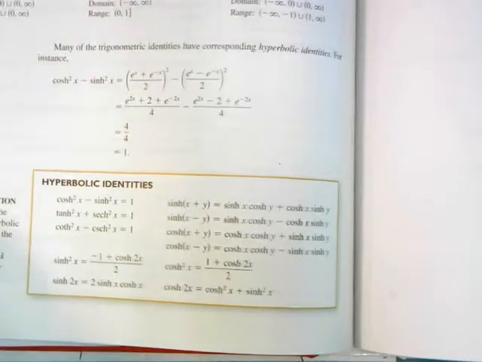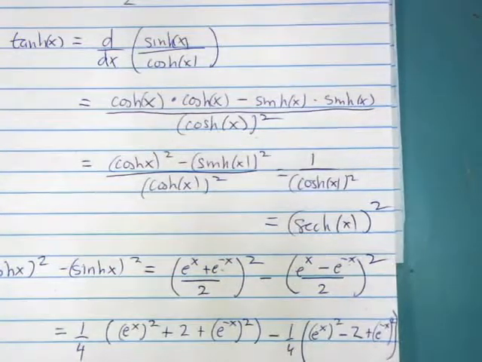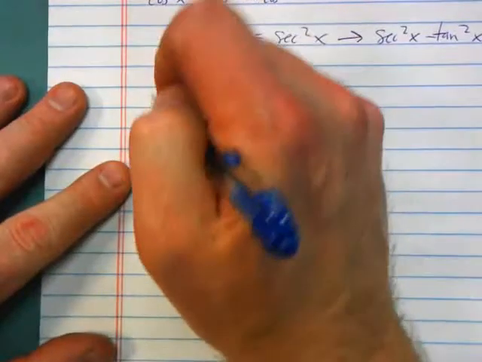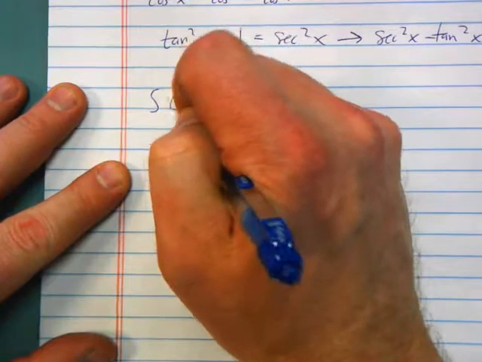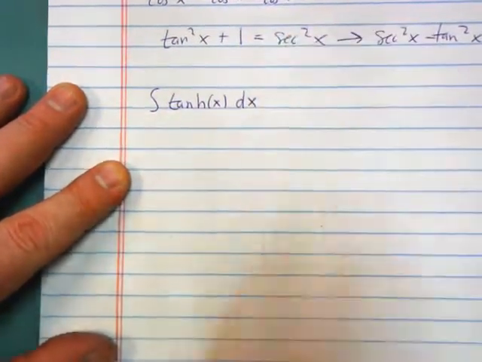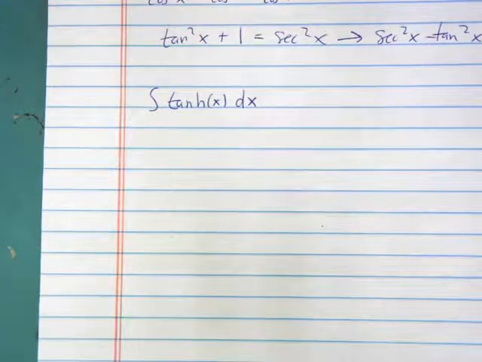Absolutely. All right, so is there a formula for the integral of hyperbolic tangent? It wasn't on that table there. But can we figure one out? Okay, how are we going to do it?